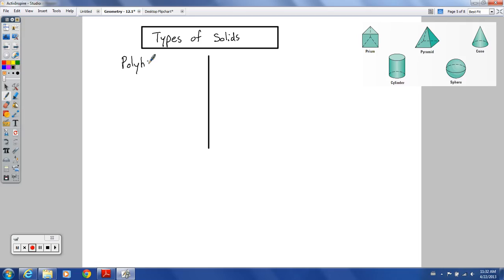We're going to split this up into 2 different parts. Polyhedra, you could say polyhedrons. Either way is acceptable. But which ones of these have all polygon sides, no curved parts? Well, that would be this one right here and this one. So we're going to take these 2 and we're going to try to draw these over here.